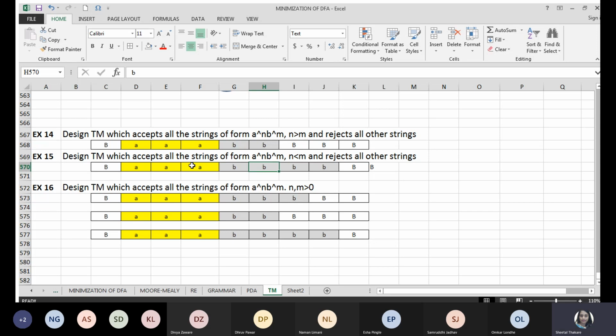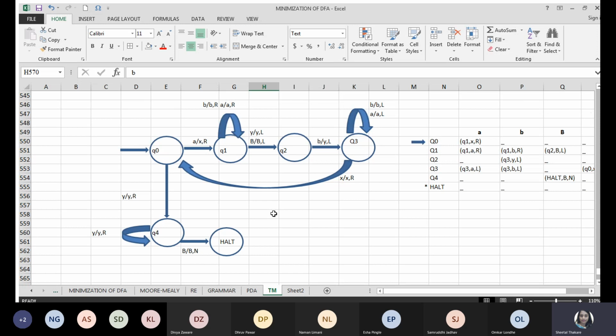You will find the accepting conditions, for which you will have different states. Like in example number 13, from Q0 you will get the accepting condition. In example number 14 and 15, it may be Q1, Q2, Q3, Q2, Q1, Q2, Q3.